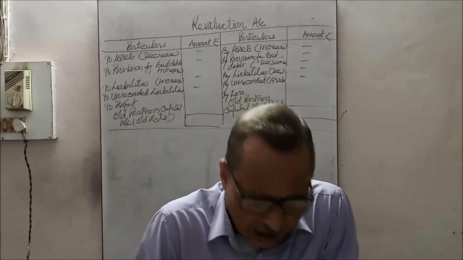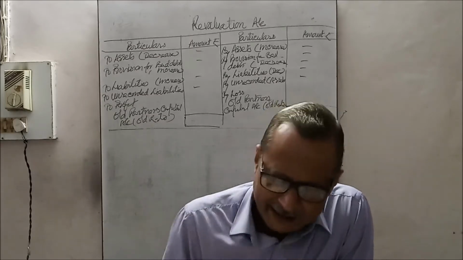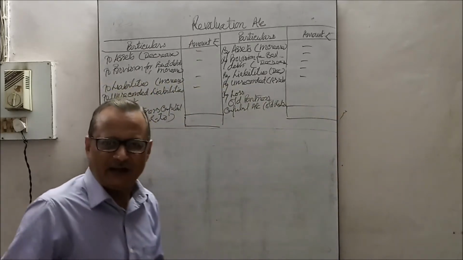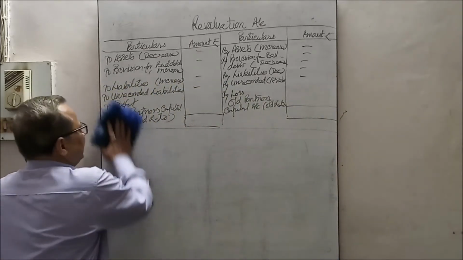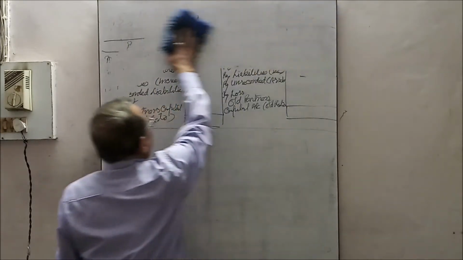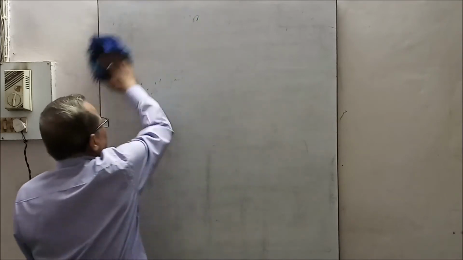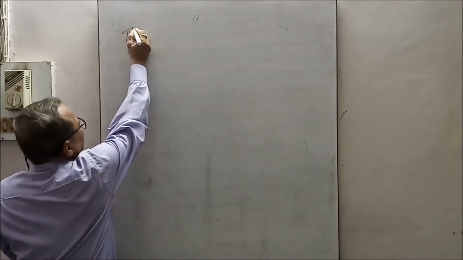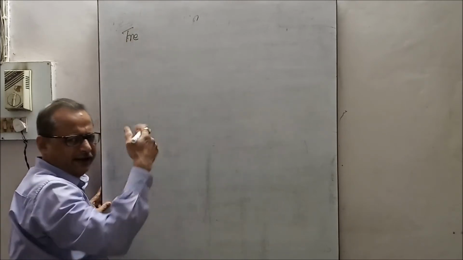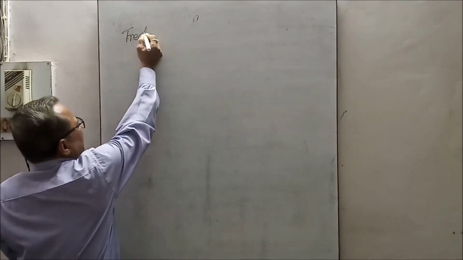Now the next one is treatment of workmen compensation reserve. See it, because it is very important. I am telling you the accounting treatment.